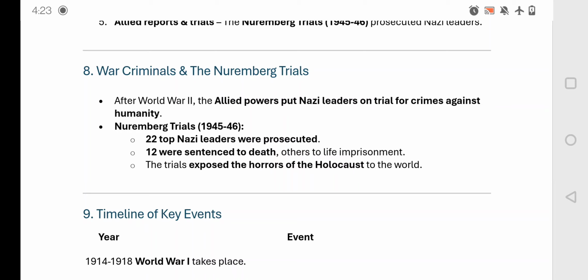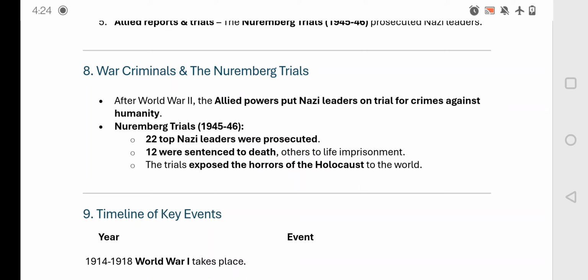War criminals and the Nuremberg trials. So who were war criminals? The Nazi party members who were doing a lot of unfair things with people living in Germany who were not the so-called real Germans.